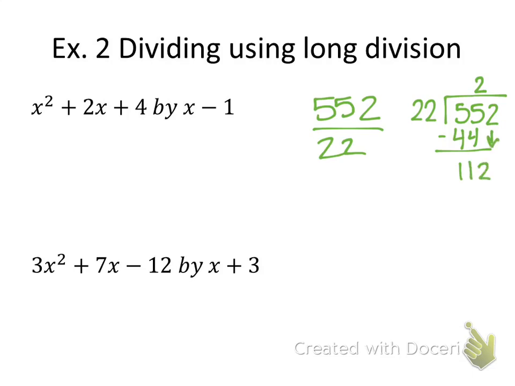How many times can 22 go into 112? 5 times. 5 times 22 is 110. Now, I'm left with 2. So exactly. I can either put 25 and a remainder of 2. That's what my elementary teacher used to make me do.